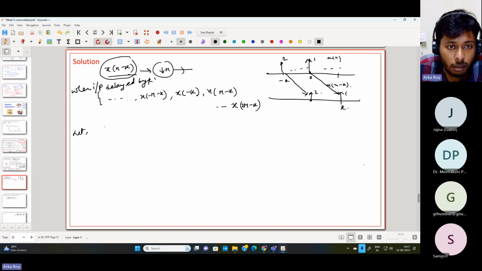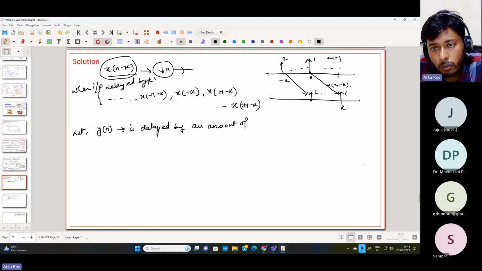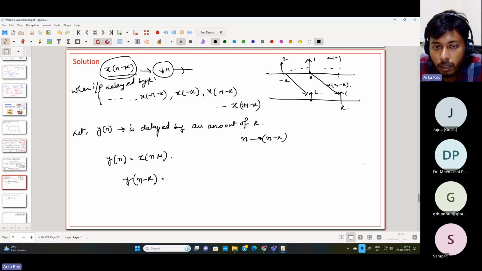Now let the output itself, y of n, be delayed by an amount of k. That means n will now be replaced by n minus k, and we know that y of n is equal to x of n times m. So when we replace this by y of n minus k, we'll get nm minus mk.